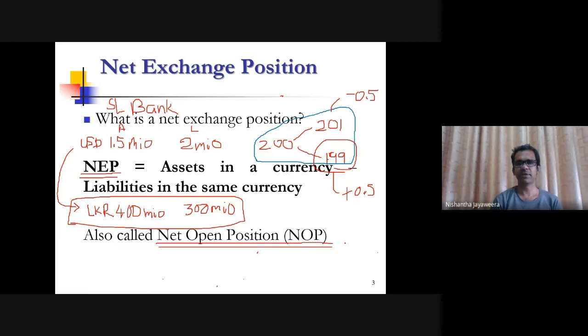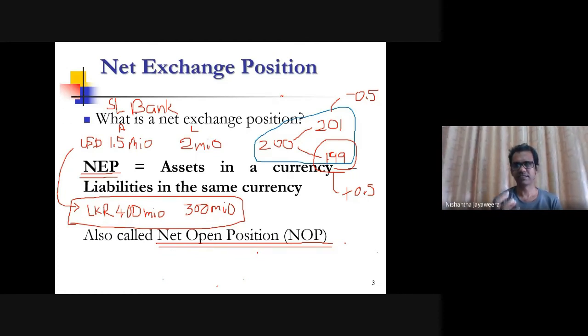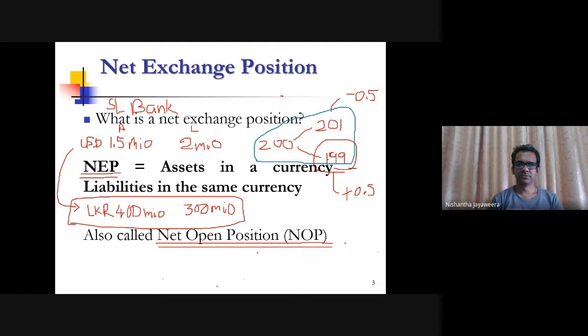NOP is the familiar word for us. That's why we worry about that amount. What is the net exposure to the exchange rate risk? What is your net open position? Is that clear? Any questions?